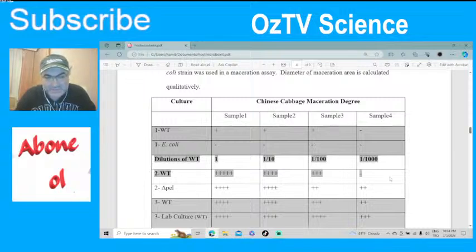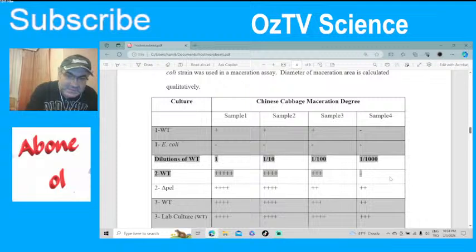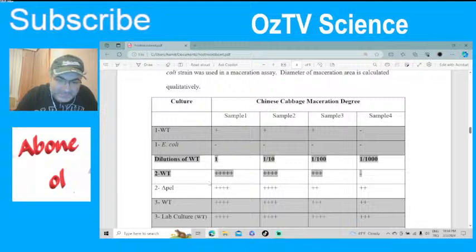I remember in my previous talks, again, washing is important. So this is actually related to quorum sensing. If the bacteria are not in large numbers, versus when they are crowded in large numbers, there is maceration.